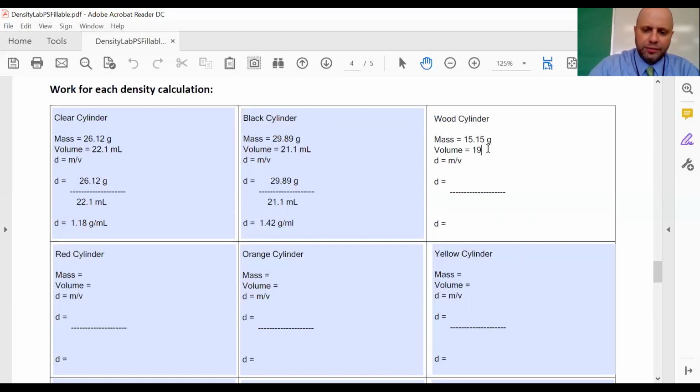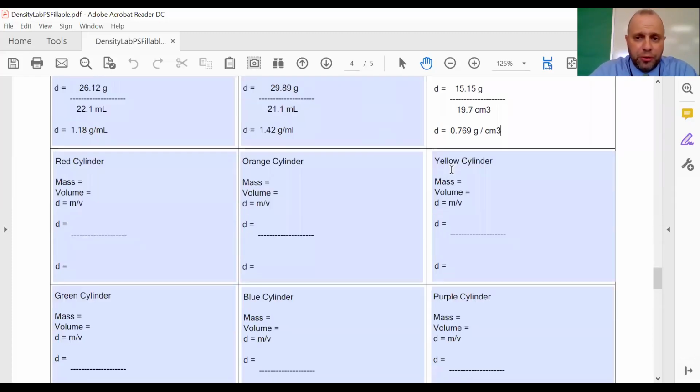The volume is 19.7 milliliters, or in this case, because we measured it in 3 dimensions using a ruler, we could write centimeters cubed. So we're going to get a density for this, 15.15 divided by 19.7, and we get 0.769 grams per centimeter cubed.